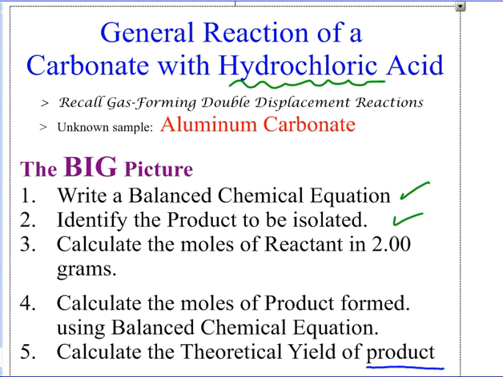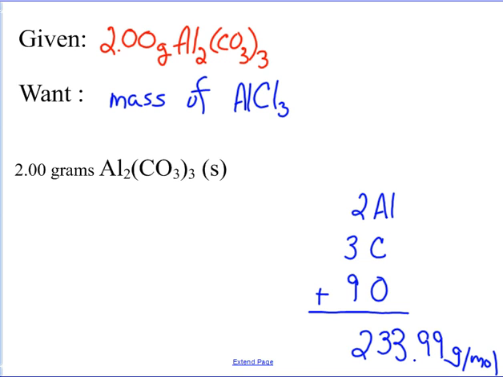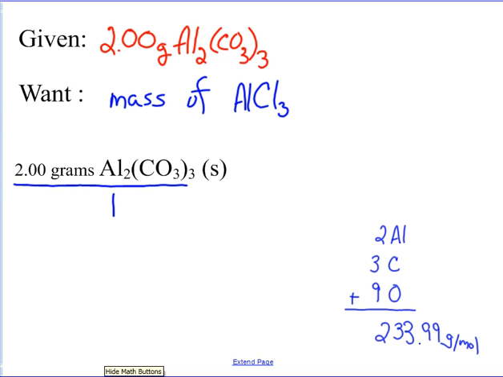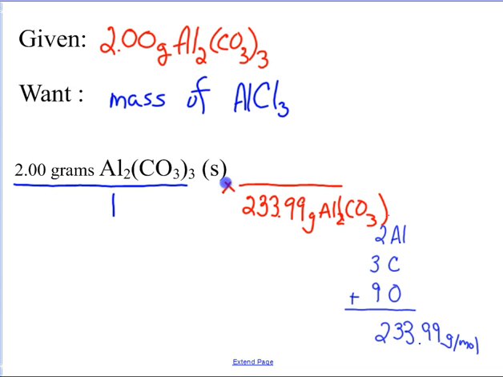So now what we're going to do is calculate the moles of reactant in 2 grams. I've taken the liberty of calculating ahead of time the molar mass of aluminum carbonate, as you can see. Taking the molar mass of aluminum carbonate and using that to convert grams to moles, I know that there are 233.99 grams aluminum carbonate in 1 mole of aluminum carbonate.